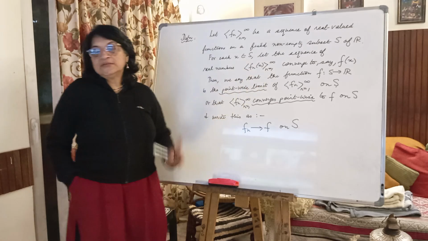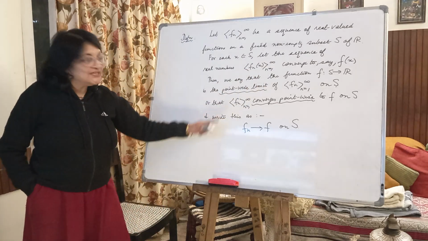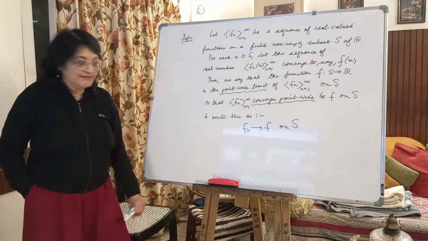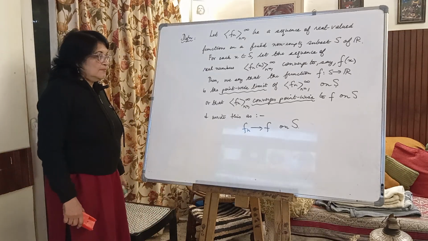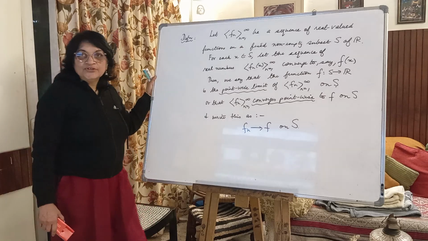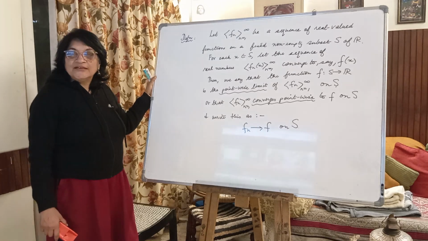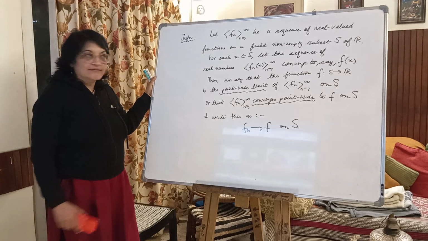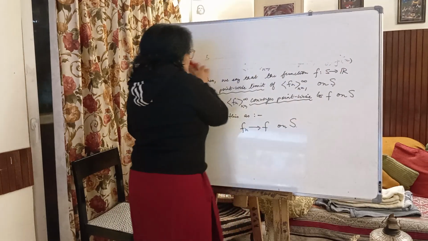Now let us test this out on the two examples that we did. Now may I clean this definition? Yes. Okay, so we have the meaning of pointwise convergence of a sequence of functions. Now let's test it on the two examples I have written down for you.